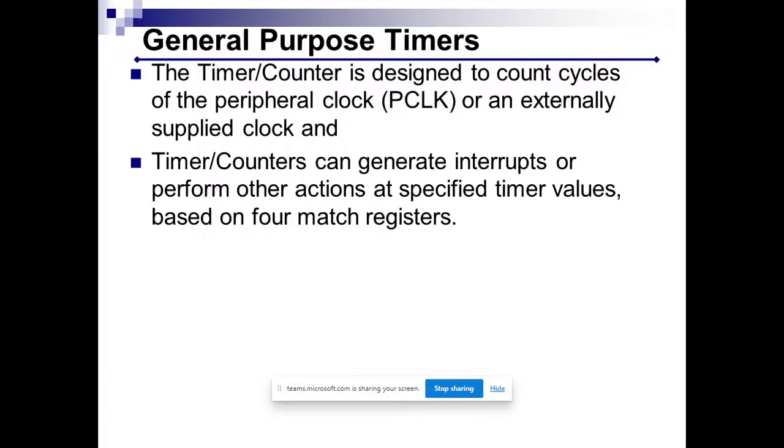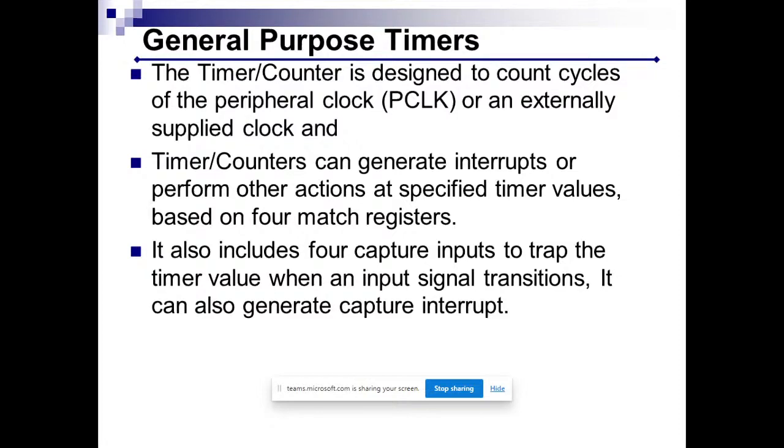If we reduce the reference value, the width will be less. If you continuously and dynamically change this reference register value, you will get different widths at the output of the GPIO pin. This is how we can use a timer to generate pulse width modulation on the GPIO pin.